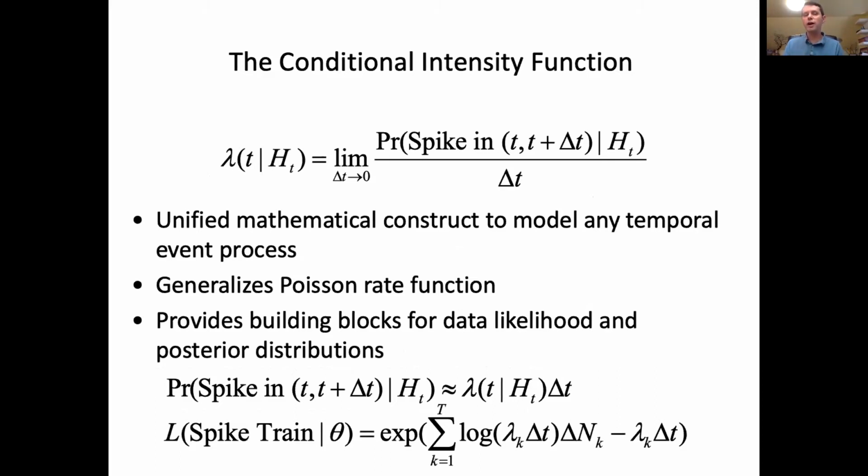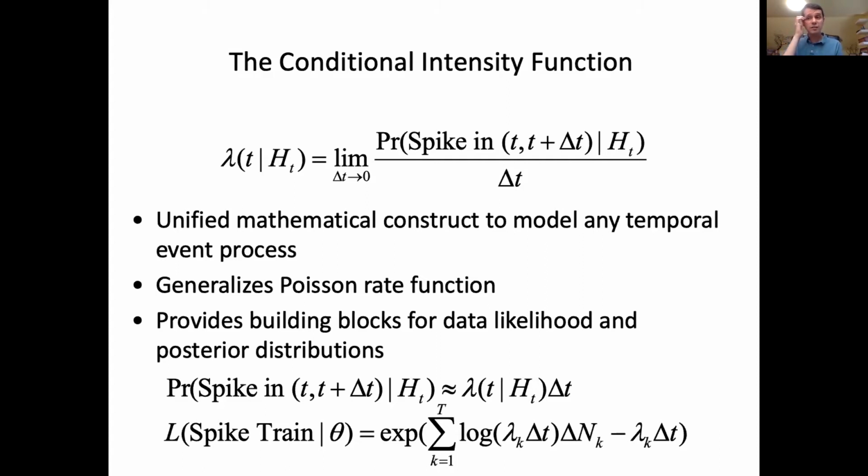And what it's characterizing is the probability of seeing an event in some small interval from t to t plus delta t, given the past history of all the inputs and the past history of the previous events up to that time t. And we take that probability in the limit as the interval gets smaller and smaller and divide by the size of that interval to get an instantaneous rate.